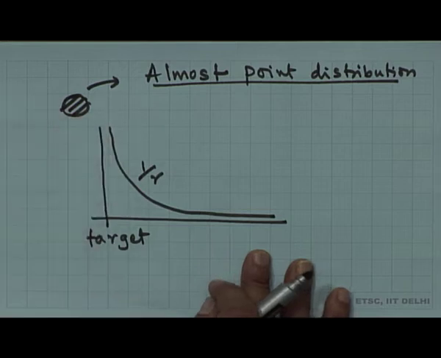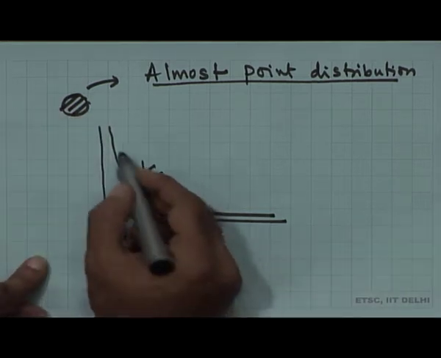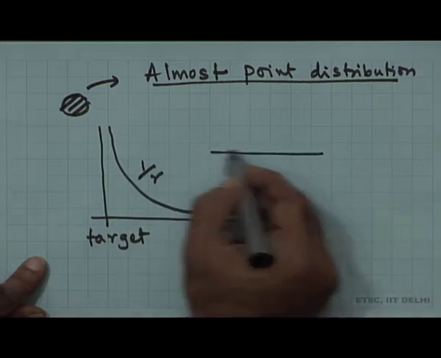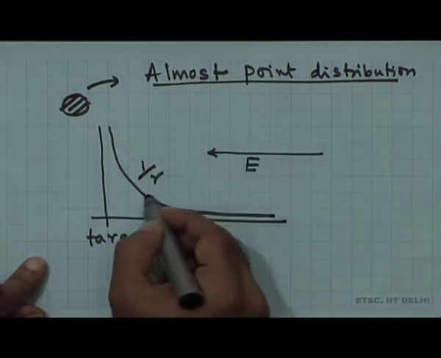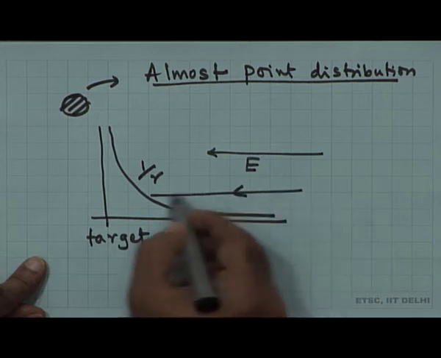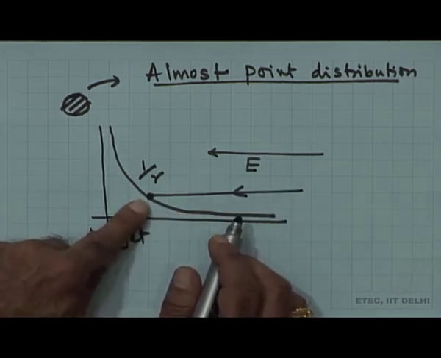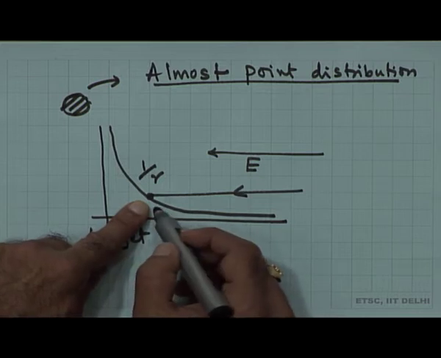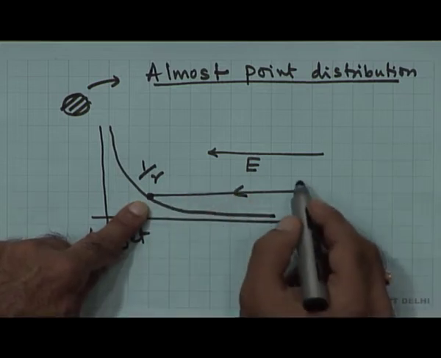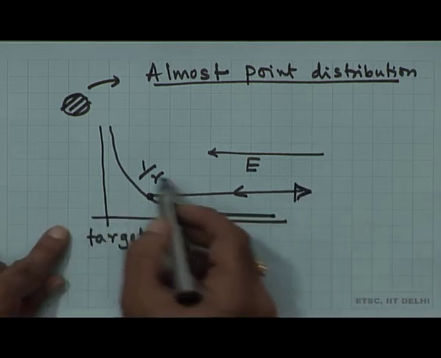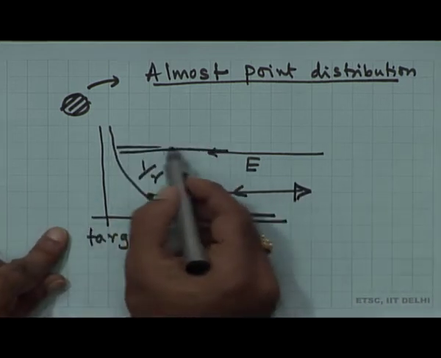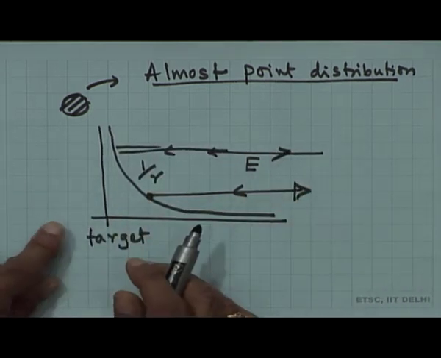But then my total energy is a positive quantity, my kinetic energy is a positive quantity. Therefore, if a particle of a certain energy is coming here, depending on what its energy is, it will come here, at this point all the kinetic energy will become 0, because my potential energy is equal to the kinetic energy at infinity, then it will get rebound. If I have a higher energy, it will come here, it will get rebound, so on and so forth.